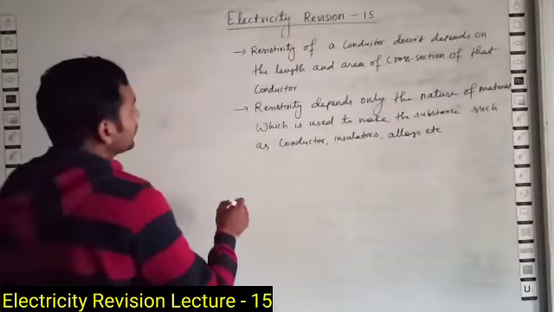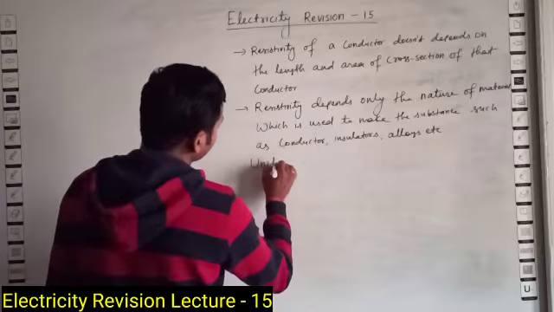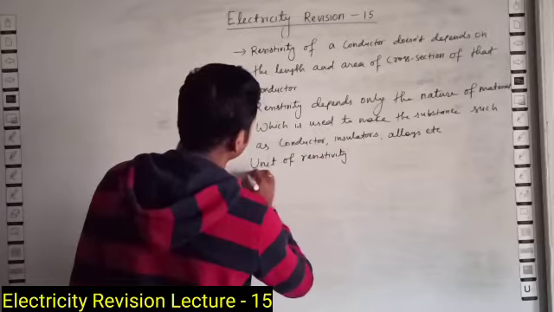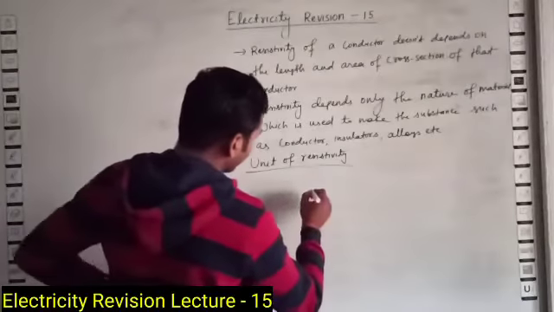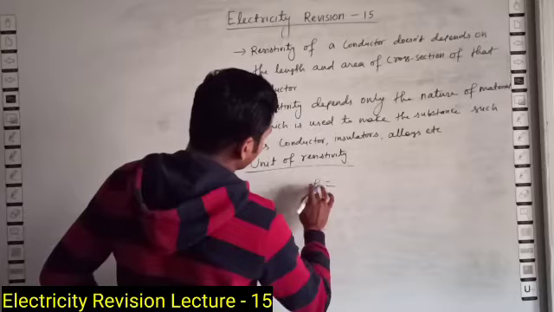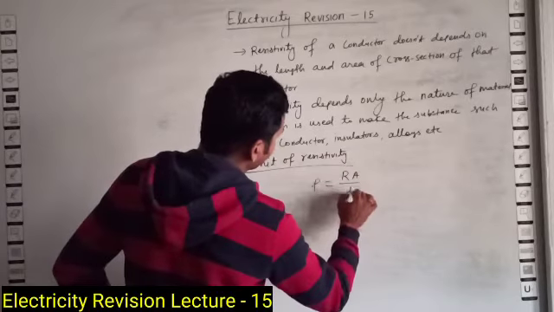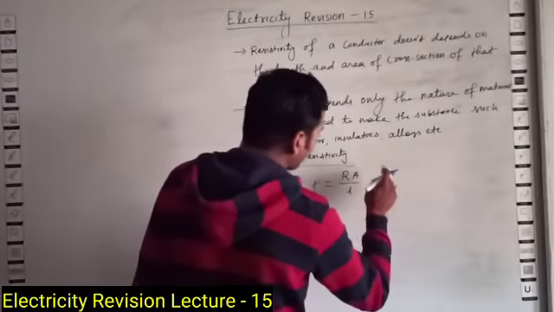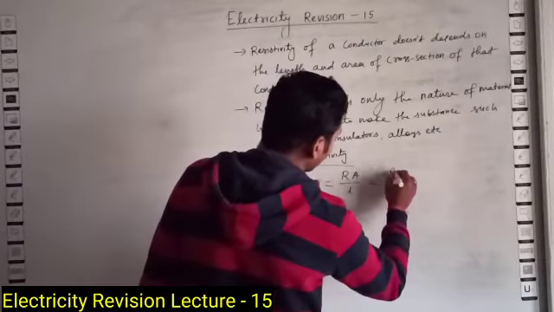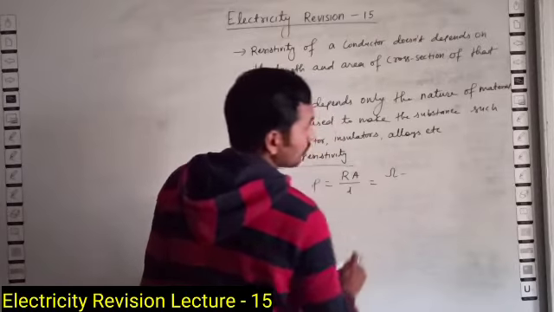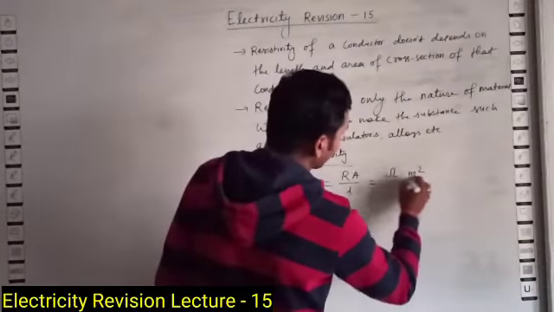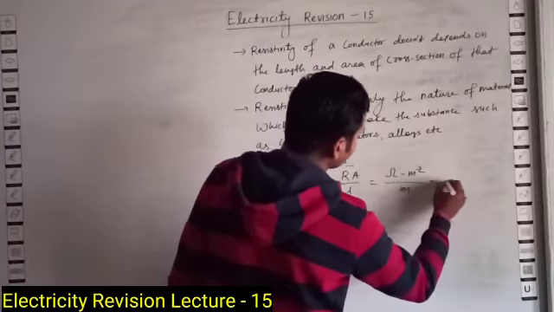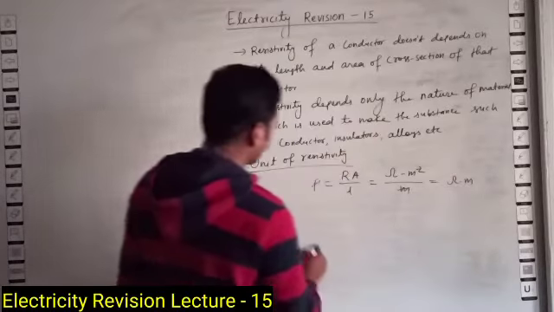Now, what is the unit of resistivity? We have the relation rho is equal to RA upon L. The unit of R is ohm, the unit of area is meter square, and the unit of length is meter, so one meter cancels, giving ohm meter.